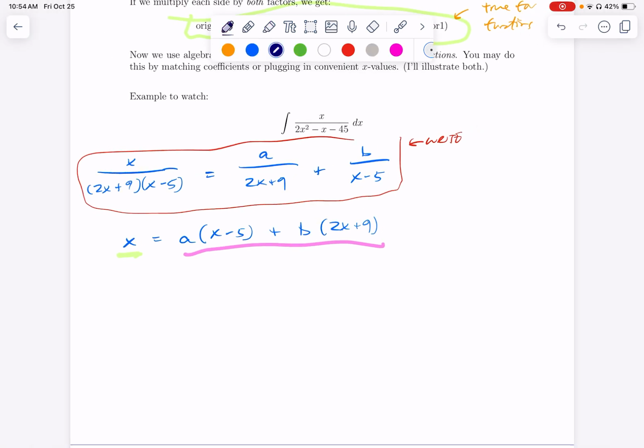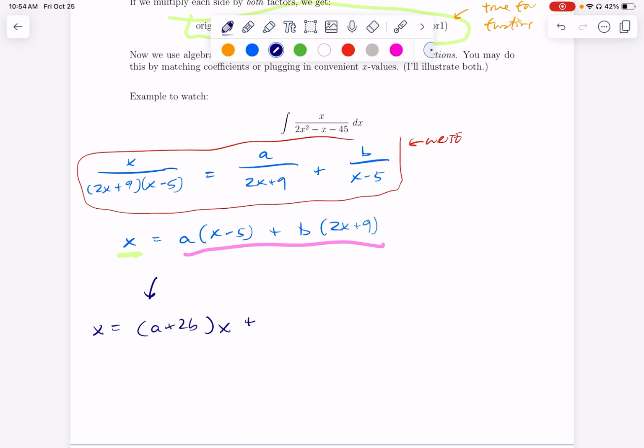So one method, this is the one I typically prefer. I want to really think of these as functions. So I'm going to rearrange them. Both of these represent linear functions. Here I have just plain x. And then on the right, if I move things around, I will notice that my coefficient of x is A plus 2B.